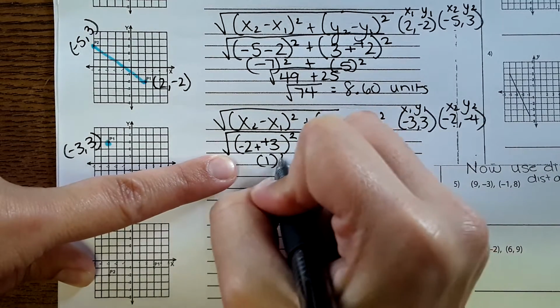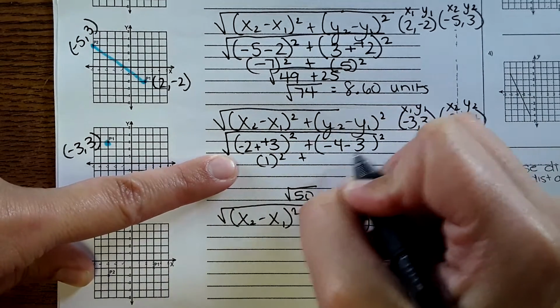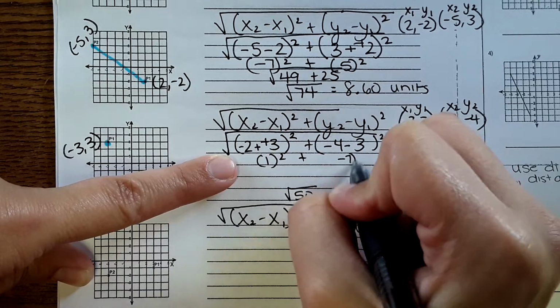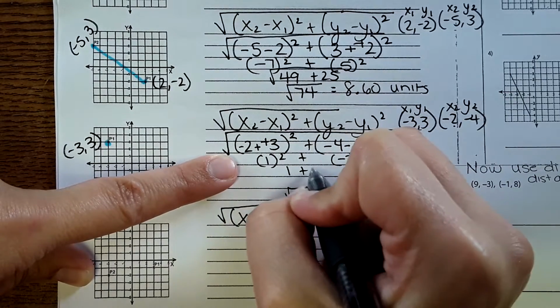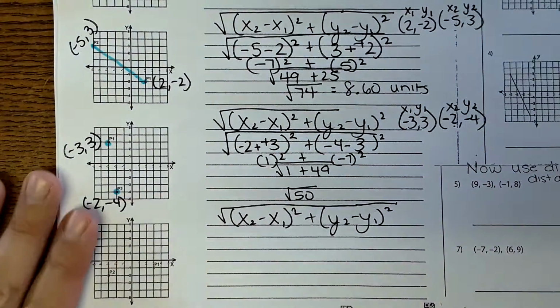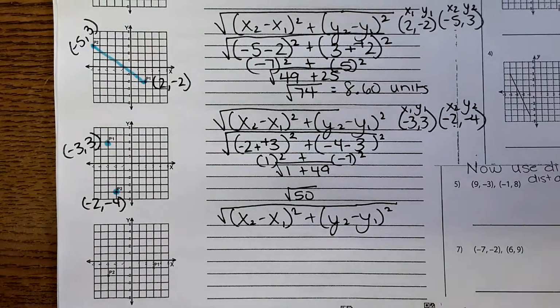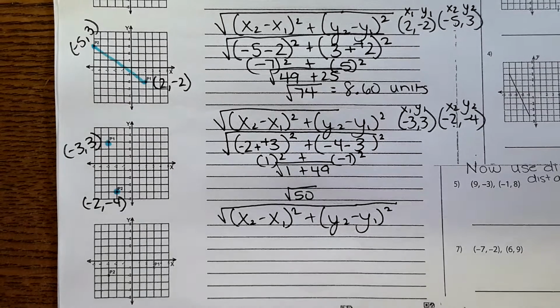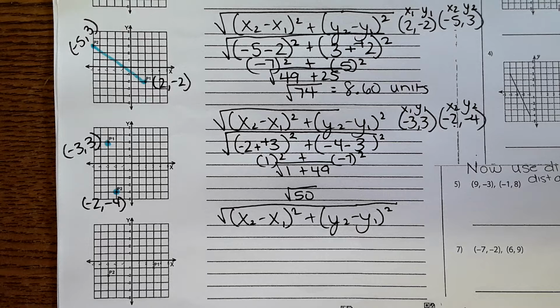It just becomes 1 squared plus, we get negative 7 squared, so we get 1 plus 49, which becomes square root of 50. Good. If you didn't get square root of 50, do you know what you did wrong? It usually has to do with those negatives, I bet.